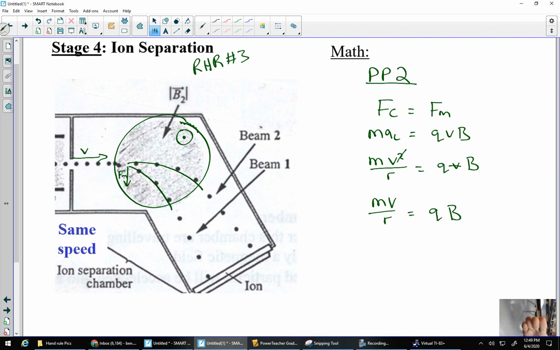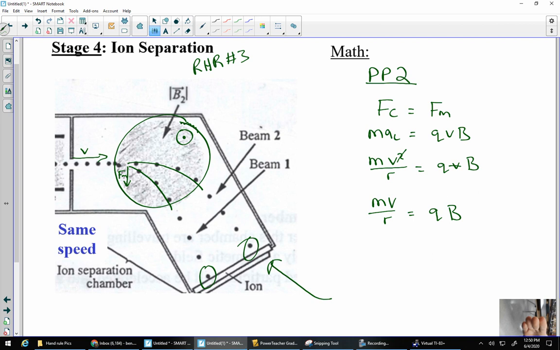Now the really important thing from this is, well, we know the difference from the radius, right? When I look at this picture over here, I can clearly see that I've got in this case, two different isotopes. Isotopes have different masses. So what we want to look at for this is the relationship between mass and radius.